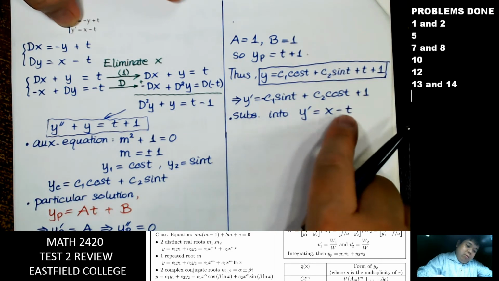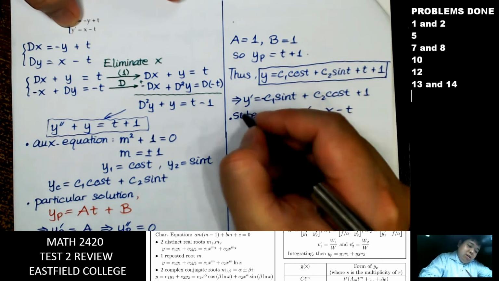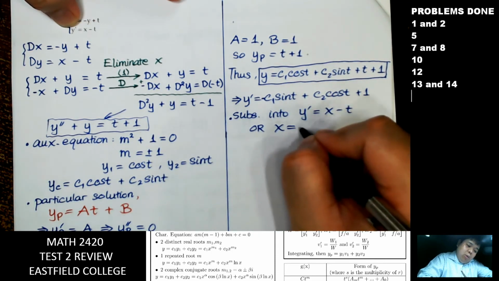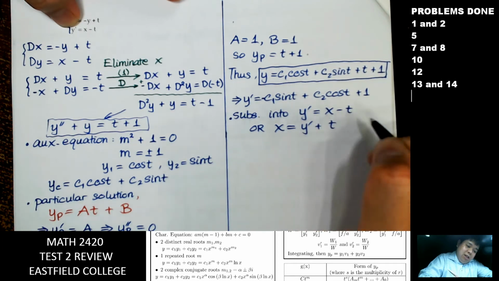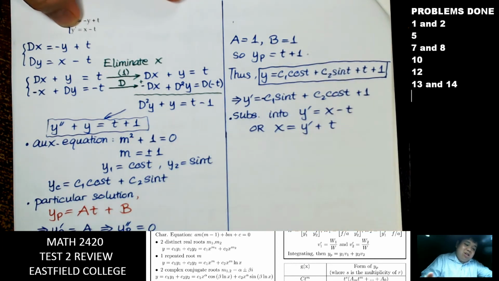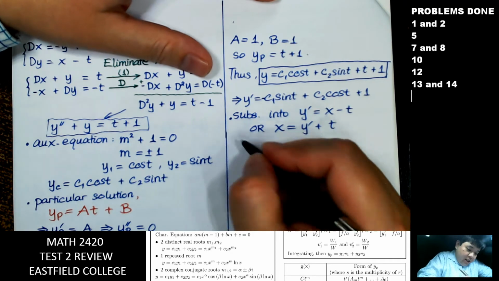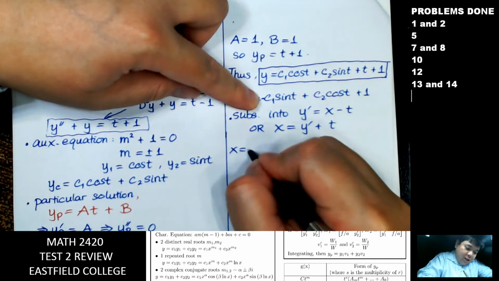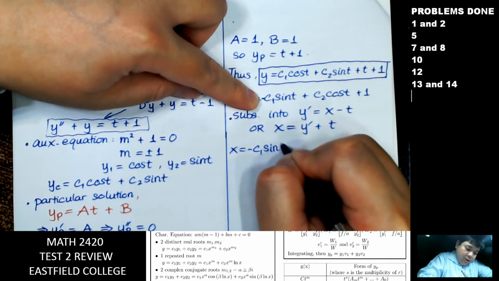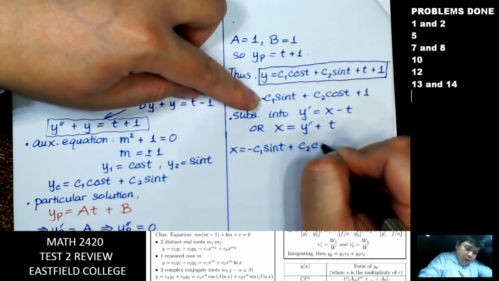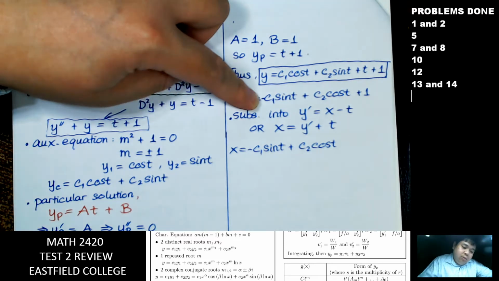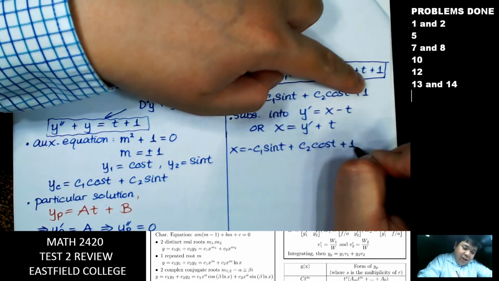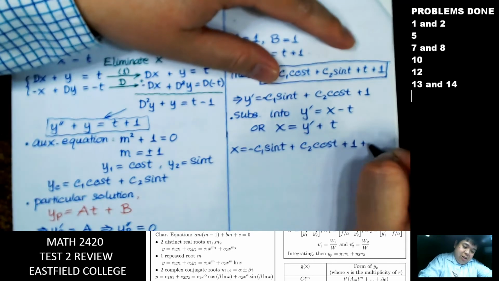From here we can move t to the other side. We have x equal to y prime plus t. So pretty much y prime plus t, and we have it. So x equal to y prime, that plus 1, sorry, that is the derivative, and then plus a t to it.